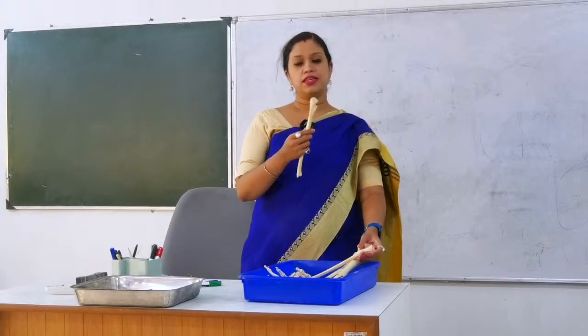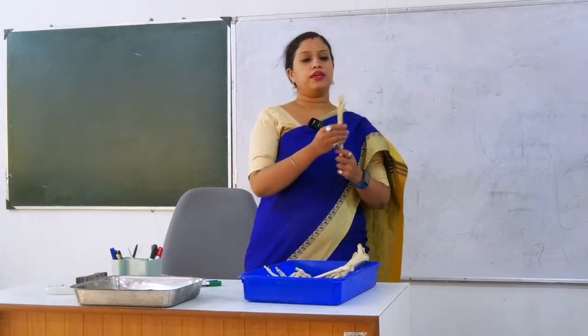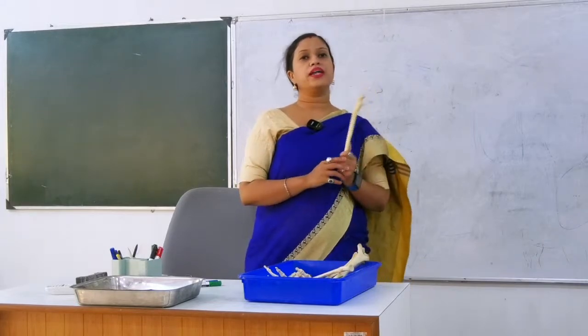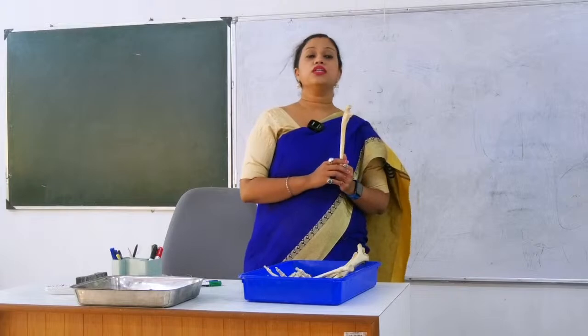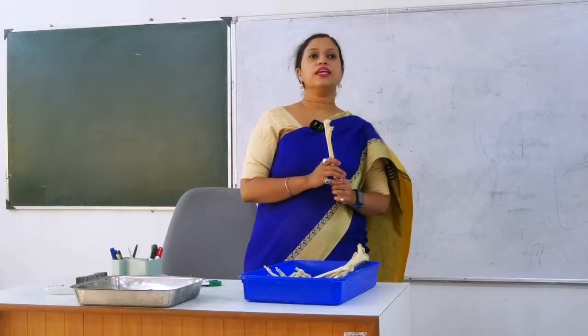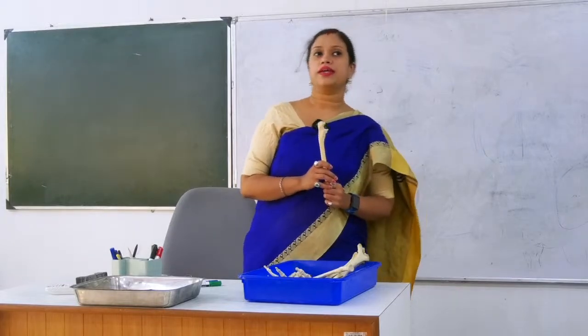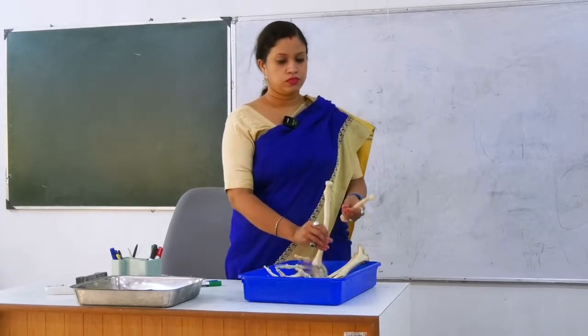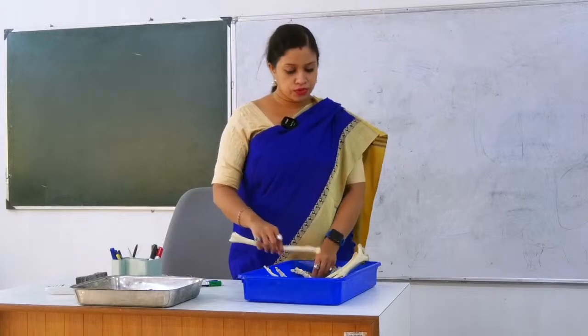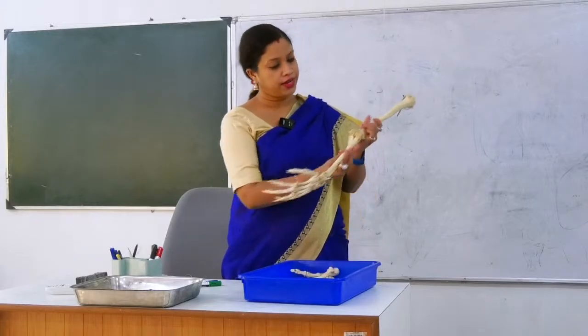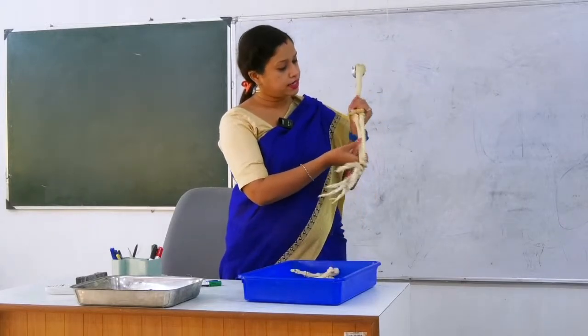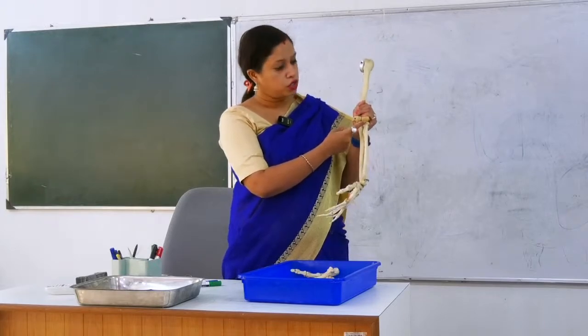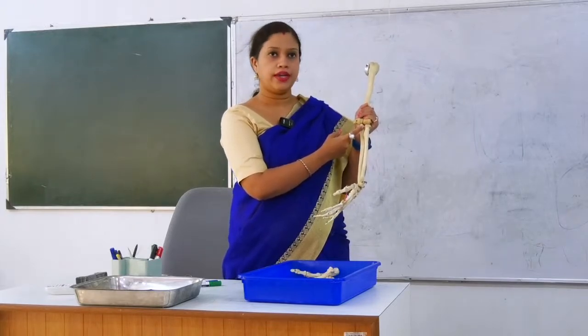Next one is, see, there are two things in this area. One is the supinator crest, another one is the supinator fossa. Now which one is the fossa, which one is the crest? If you see the attachment of the radius, this is the head, and the head is attached to the radial notch.